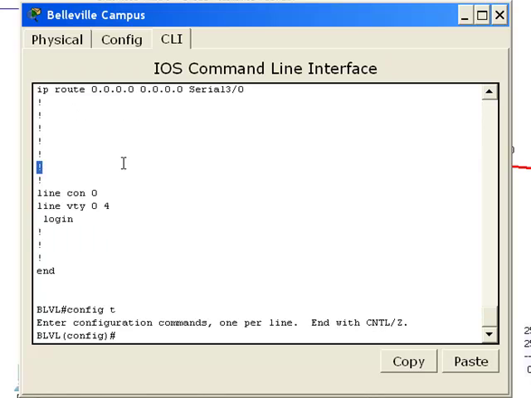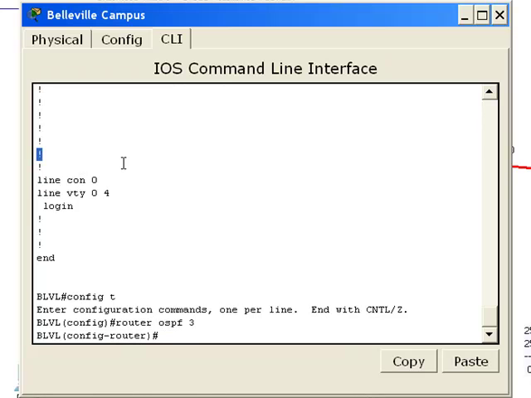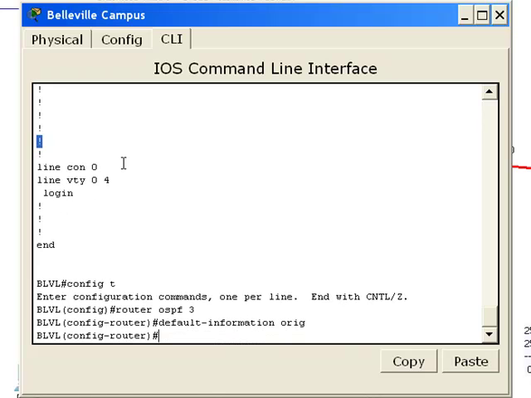One of the nice things about OSPF is I can now push this default gateway down to everybody else. And that command is default-information originate.